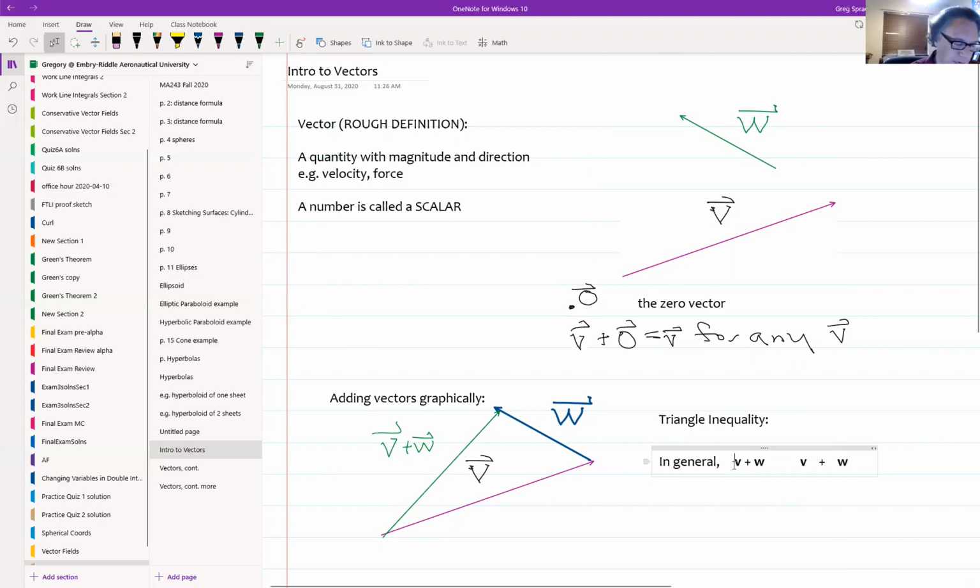Oh, I guess I could have typed that. So in general, the length of v plus w is not equal to the length of v plus the length of w. I don't want that to be boldface.